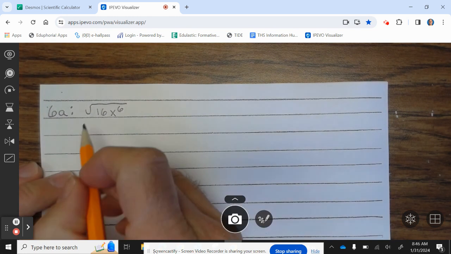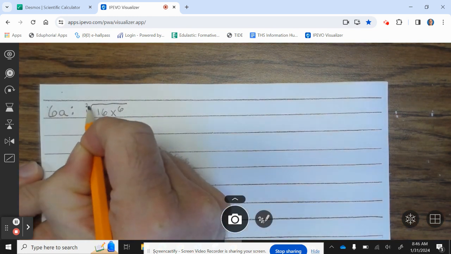6a. We have the square root, which is also known as the second root.